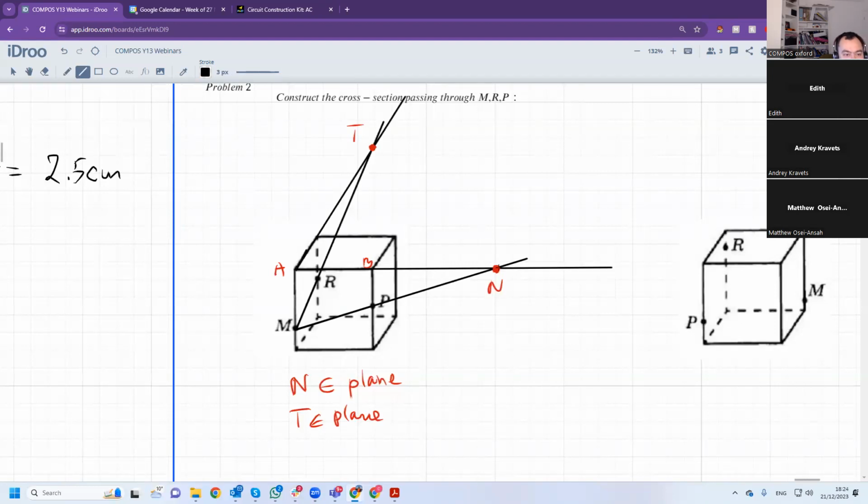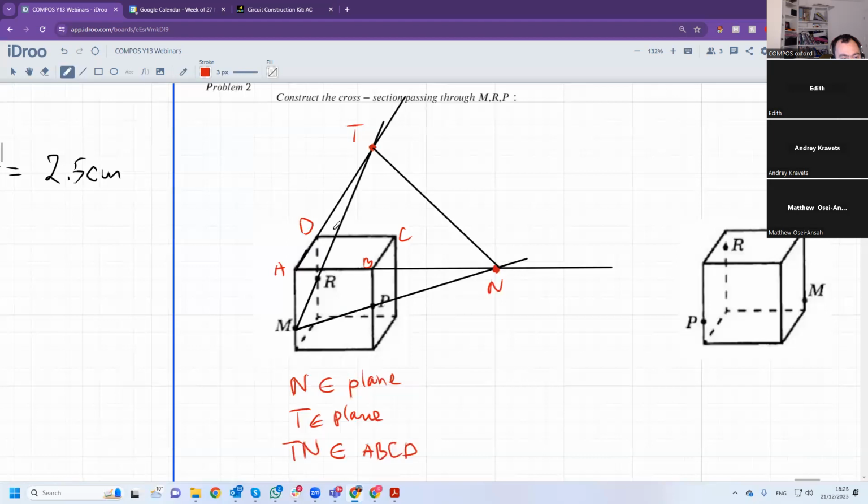So now we can construct TN. TN belongs to the plane ABCD. So N and T both lie in the plane ABCD.